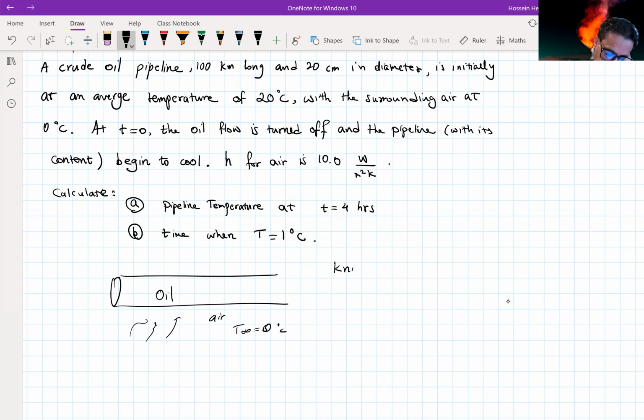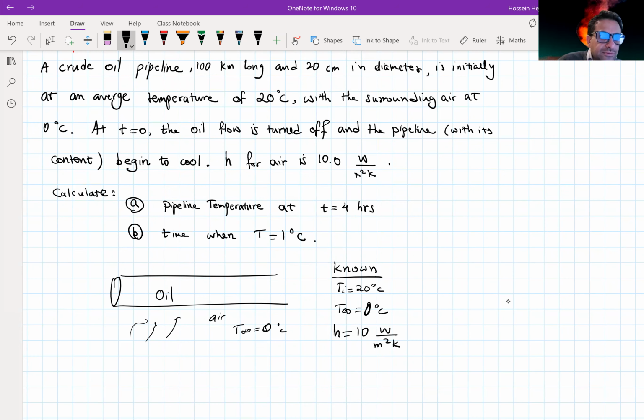What we know for this problem: our initial temperature is 20 degrees C for the pipeline with oil, T infinity is 0 degrees C, and h for air is 10 watt per meter squared Kelvin.